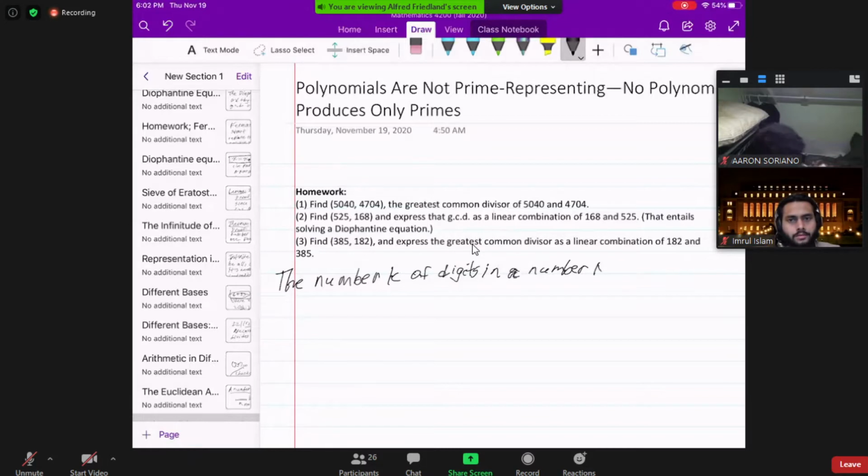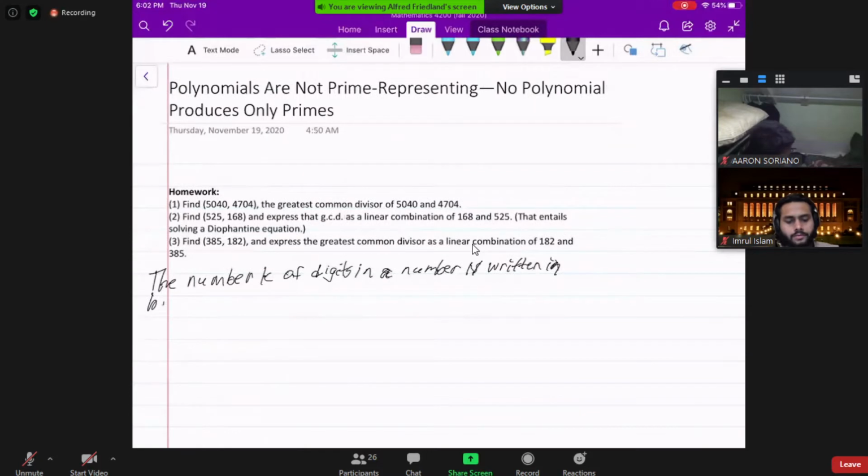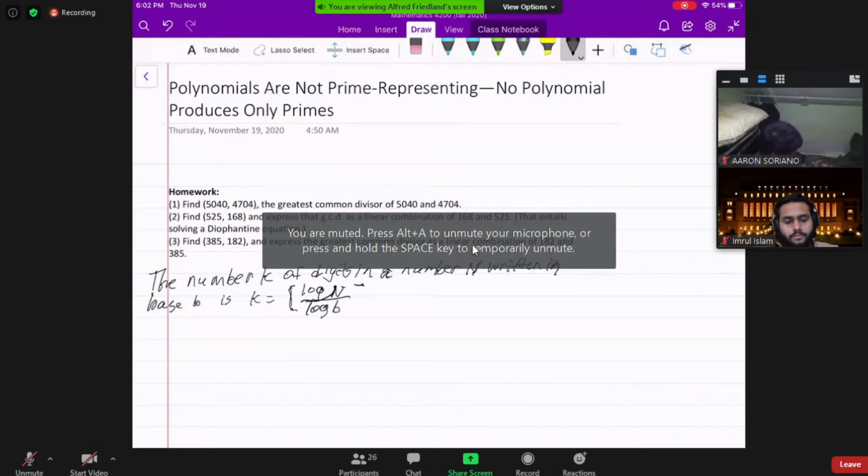We saw that the number k of digits in a number, I was using capital N, written in base B, is the greatest integer in log, in any base, of N over the log in the same base, whatever base you're using.